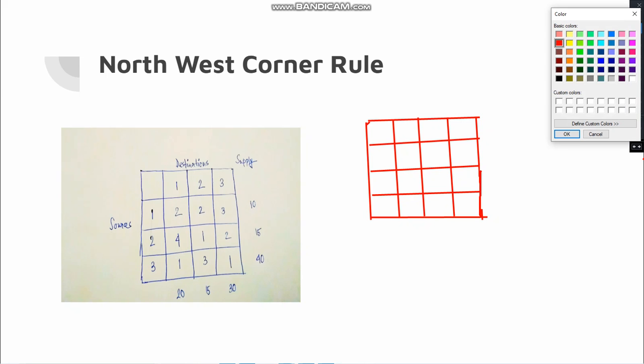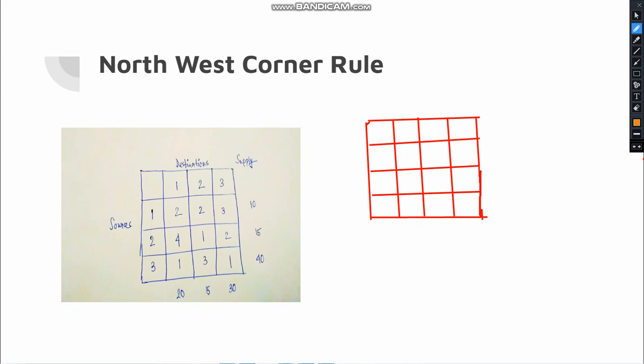Okay, see, so these are S1, S2, S3. This is D1, D2, D3. So we have just seen that it is an example of a balanced transportation problem.